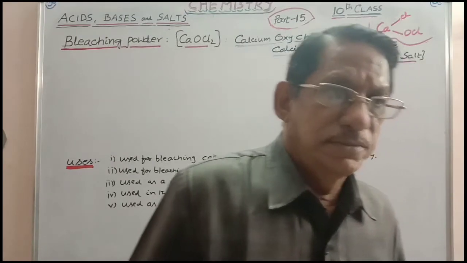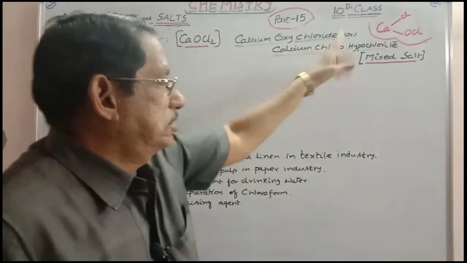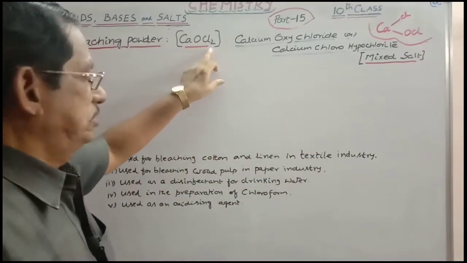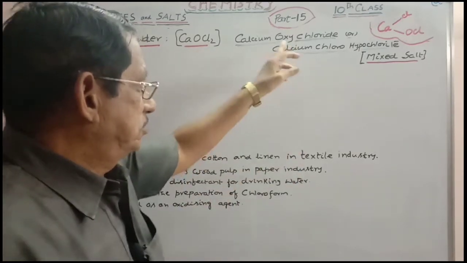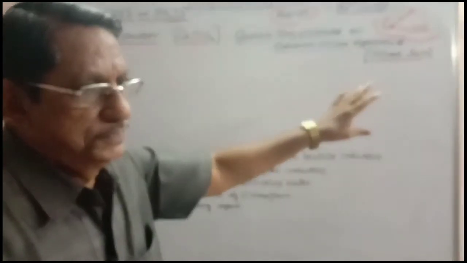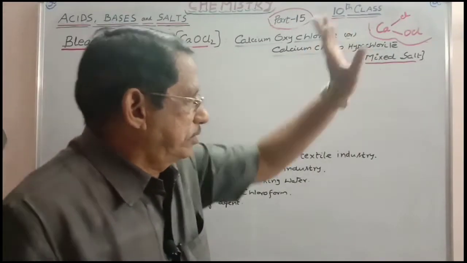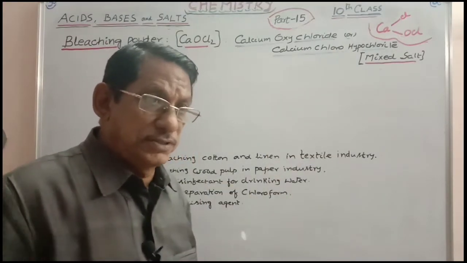Bleaching powder, chemically, is called calcium oxychloride. The formula is CaOCl2. This calcium oxychloride is otherwise called calcium chlorohypochlorite. We previously discussed the types of salts.